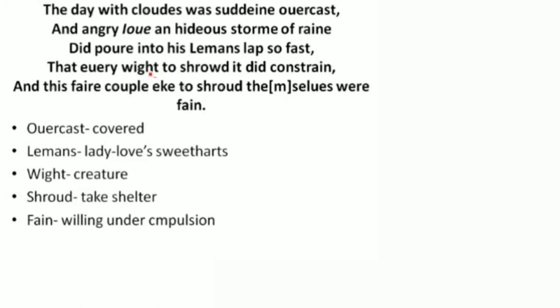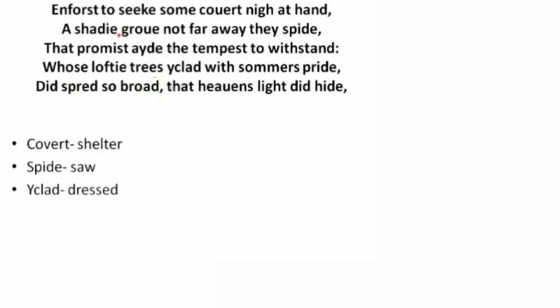So this fair couple also was forced to look for shelter for themselves, and forced to seek some court nigh at hand, so they were also forced to look for some shelter around.